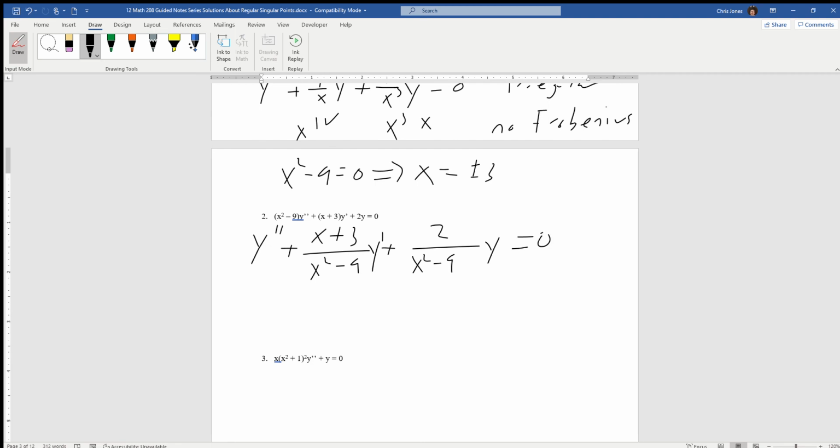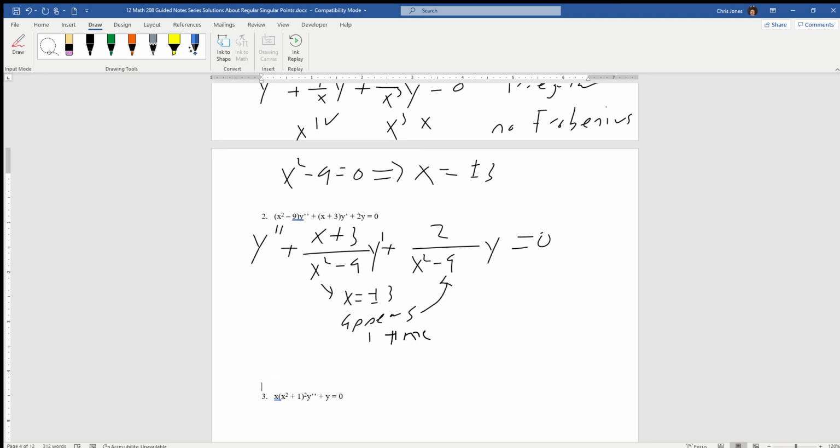And even if we were to factor this and simplify it, it really doesn't matter, because x equals plus or minus 3 appears once each in the denominator, and then it also appears one time in this denominator. Because it only appears at most one time, and just to show you, I could factor this down just to illustrate this point.